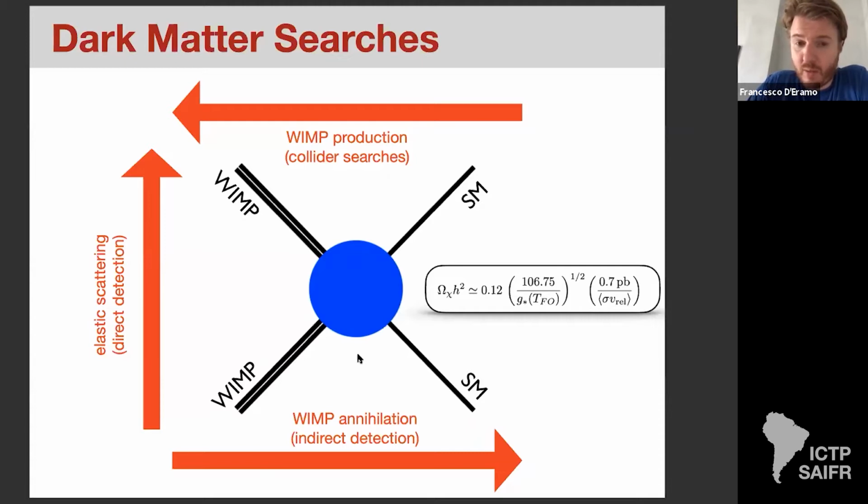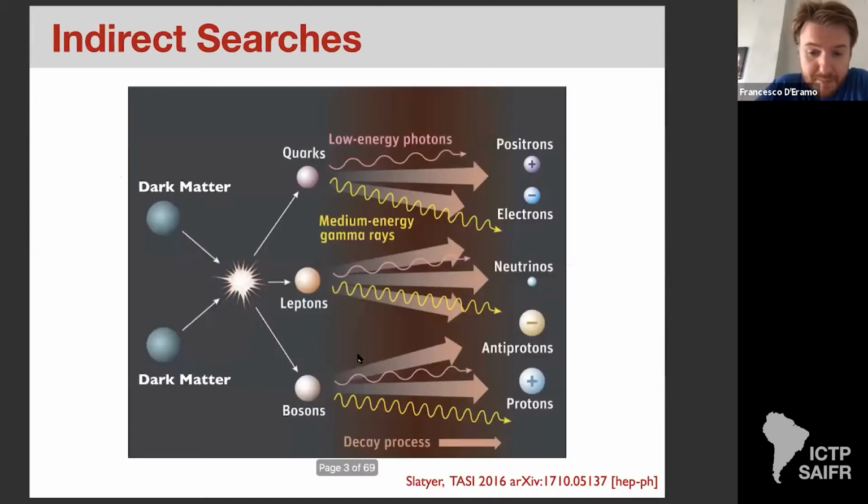So we begin with the annihilation, which is the same process that sets the freeze-out relic density, but the freeze-out relic density is set by annihilations happening in the early times, okay? Now we are considering WIMP annihilations happening today, and happening not too far away from us because we want to detect them. If the source is too far away, then the flux will be diluted over the solid angle, okay?